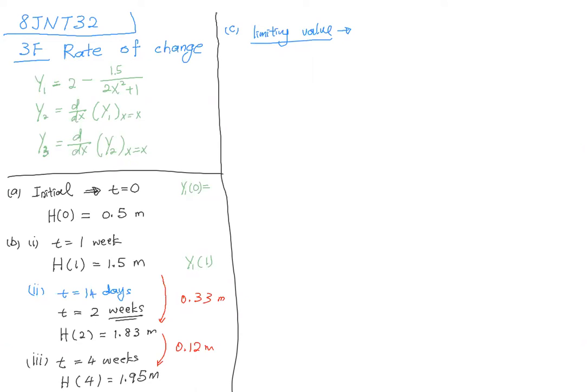If I plot the graph of height against time, I know there's an upper limit here. You have to train your mind to see the scenario and know what is being asked.